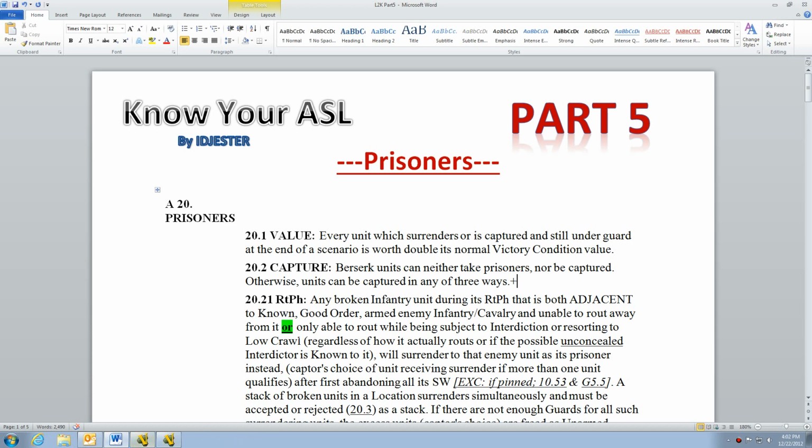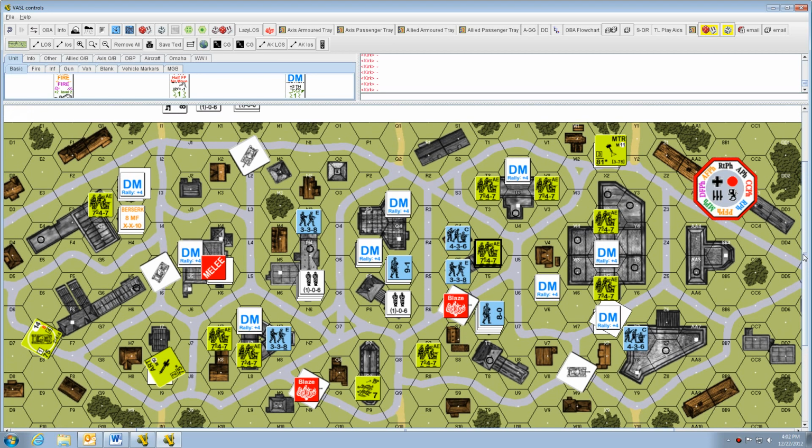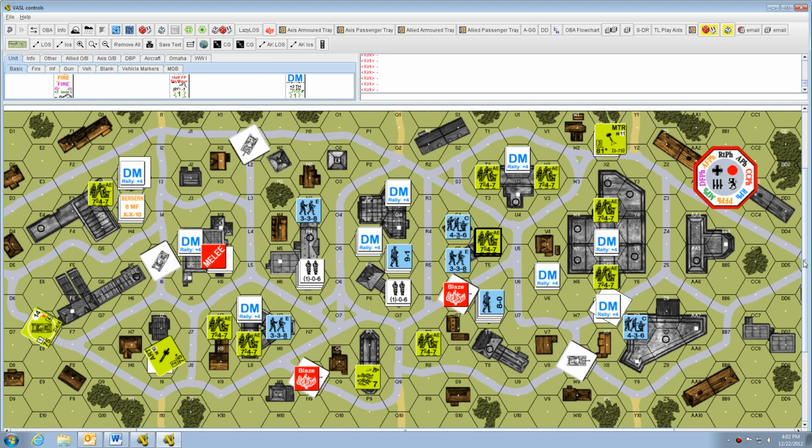The main driving force about prisoners is to explain whether or not you should actually look into the rules associated with taking prisoners. There are quite a lot of them, as I already mentioned, but there are some advantages in taking prisoners.